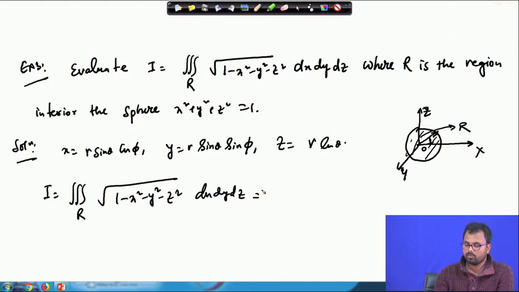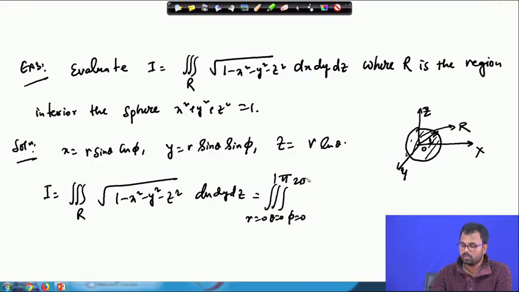So, when we are transforming it into a spherical polar coordinate system, our r will run from 0 to 1, theta will run from 0 to pi, and phi will run from 0 to 2 pi. Then we substitute for x, y and z, and here basically the value of the integral.